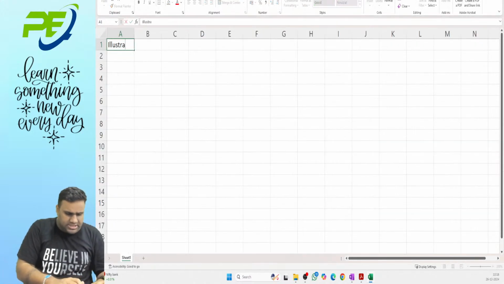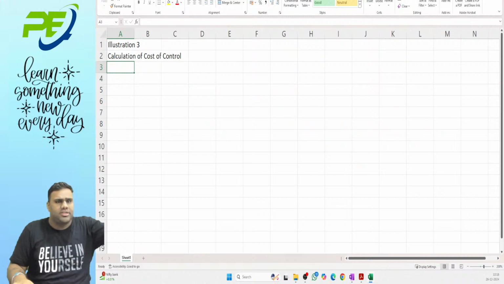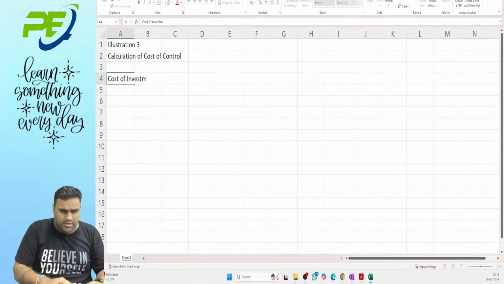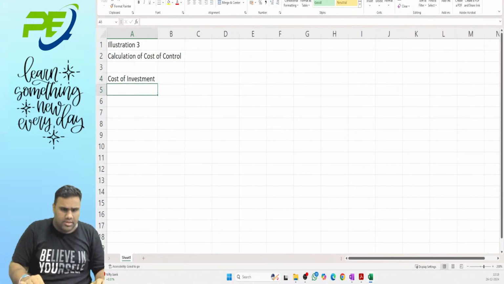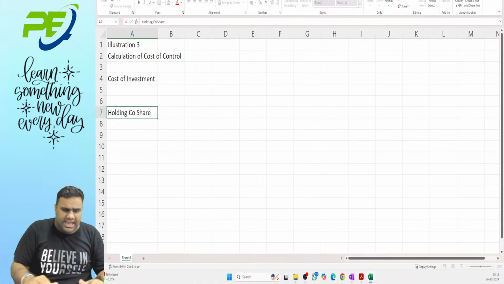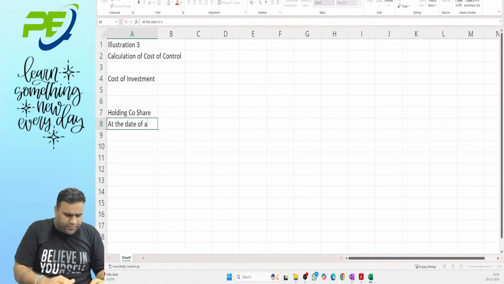So illustration 3. Calculation of cost of control. For cost of control, we compare two things. Cost of investment and holding company share at the date of acquisition.